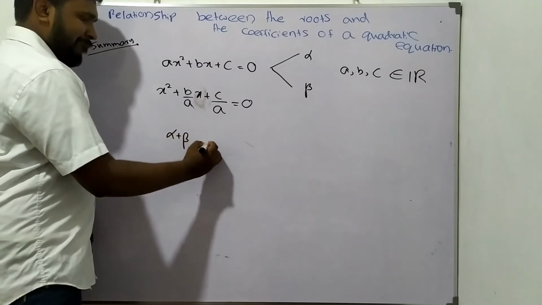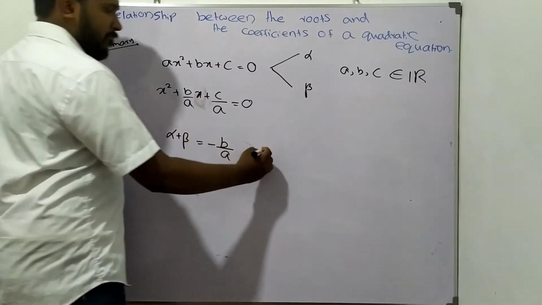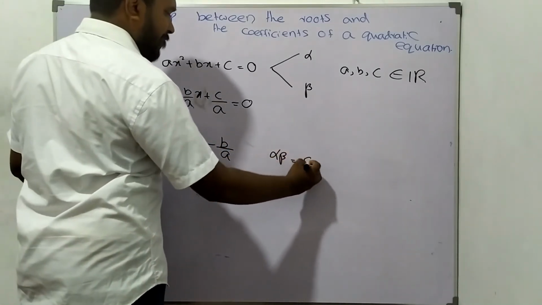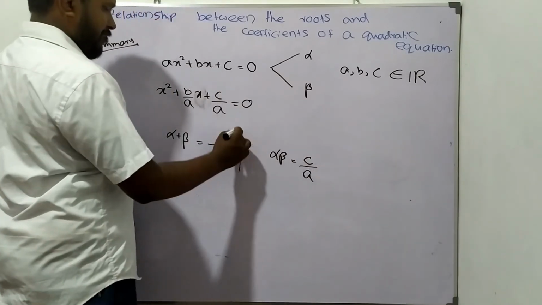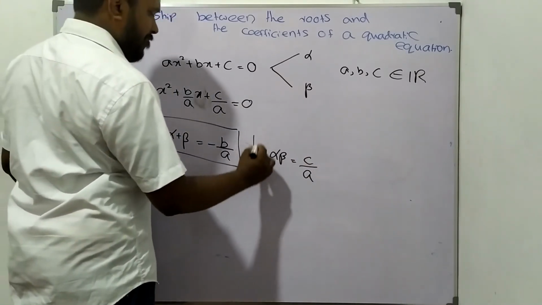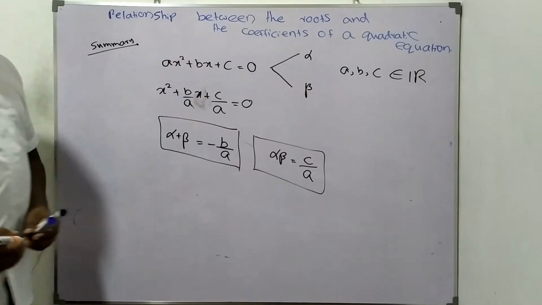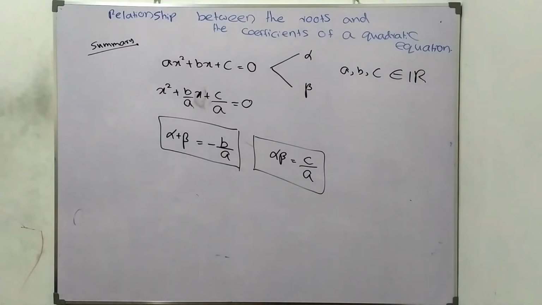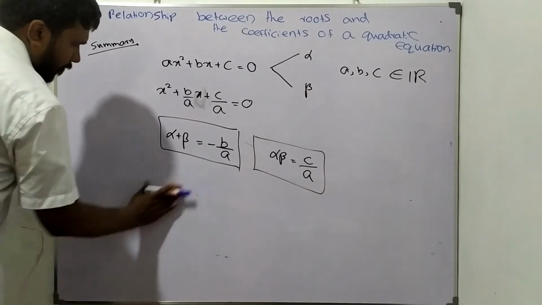Addition of the roots, alpha plus beta, is minus b over a, and the product of the roots is c over a. So the product is given by c over a, and the addition is given by minus b over a. So this is the summary, right?